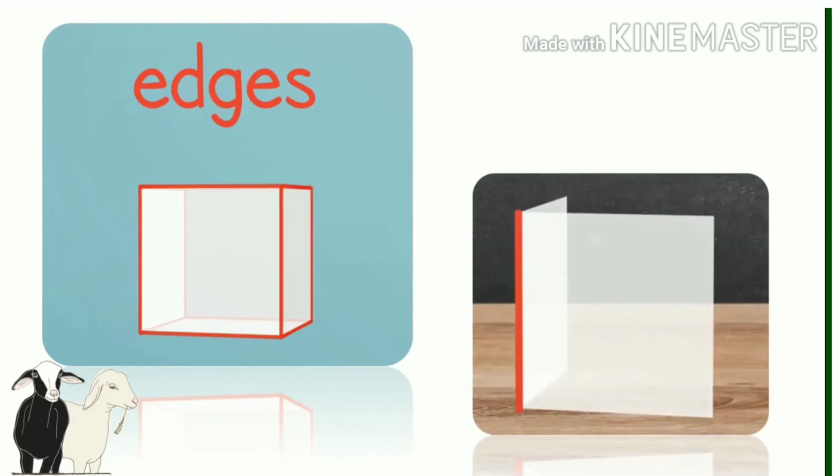Next is edges. From the video, we know that an edge is like a line that connects from one square to another, from one shape to another. So, in this cube, we know that there are 12 edges that we can find.